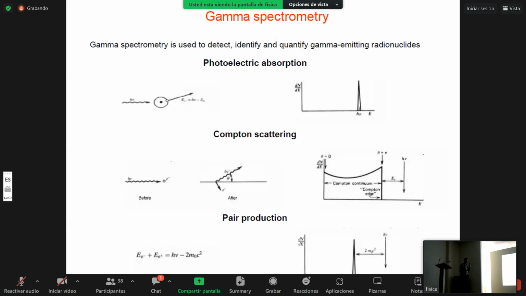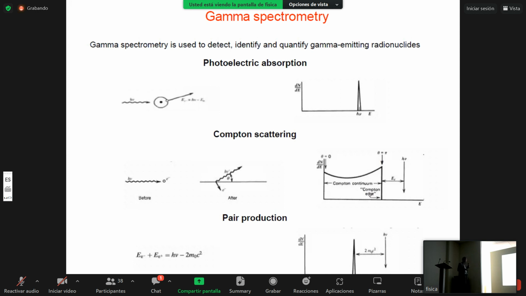The first process is photoelectric absorption. This is the photoeffect process, in other words, and the main idea is that an electron is ejected from an atom. It's a little bit unclear, specifically from the background, but I'll try to explain.